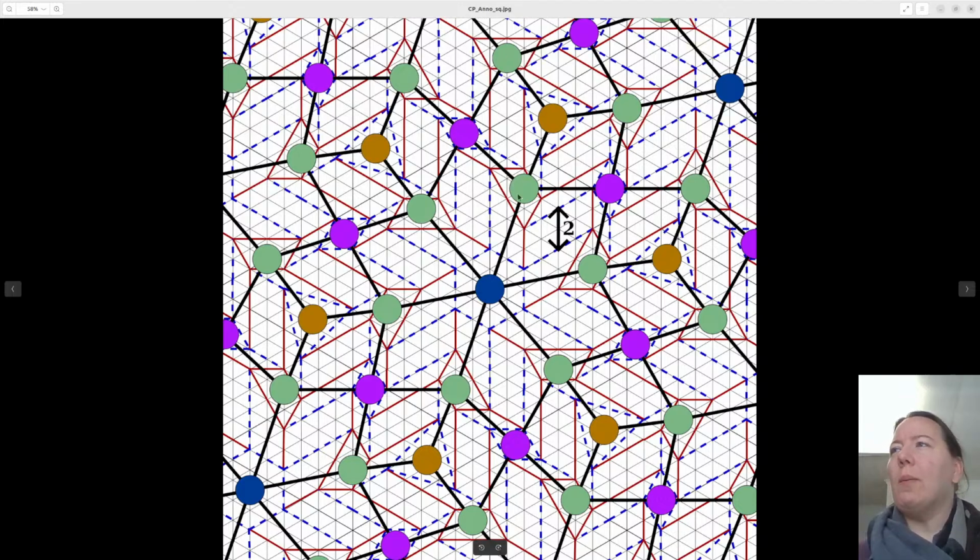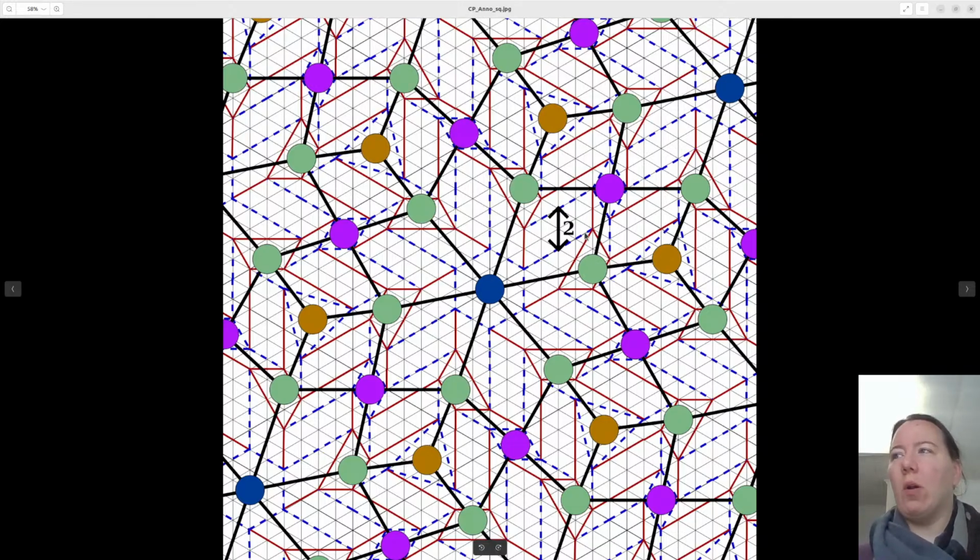That's the other loop. And every single part of the pattern is part of one of those two loops. Either the loop has a hexagon or the loop has a triangle. And the other parts of the loop are trapezoid, rhombus, trapezoid. That's what's going on everywhere in the pattern.